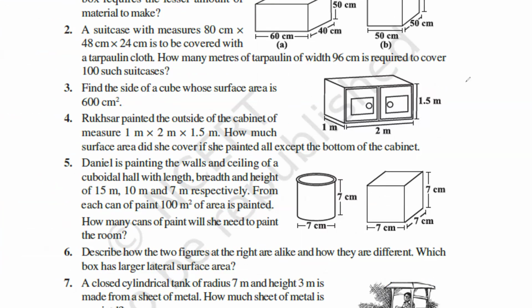So, as I said, what is the answer we got previously? Sir, we got 13,824, sir. Okay. This is the area required to cover, right? So we have a cloth which has 96 centimeters width.